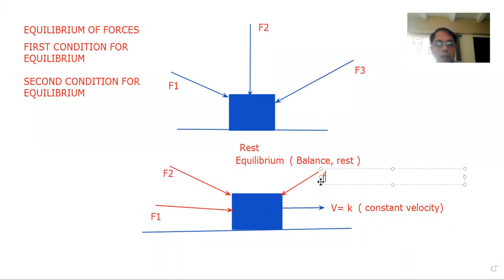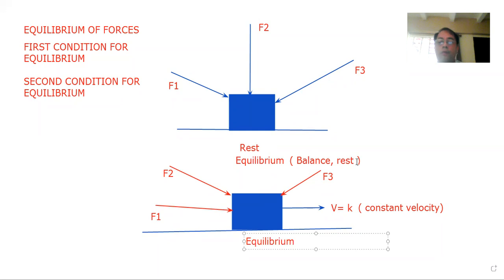It is not accelerating. So that's also an indication of a body that is in a state of equilibrium. Now, what is similar to both of these conditions? This next body that is sliding is still considered to be in equilibrium.